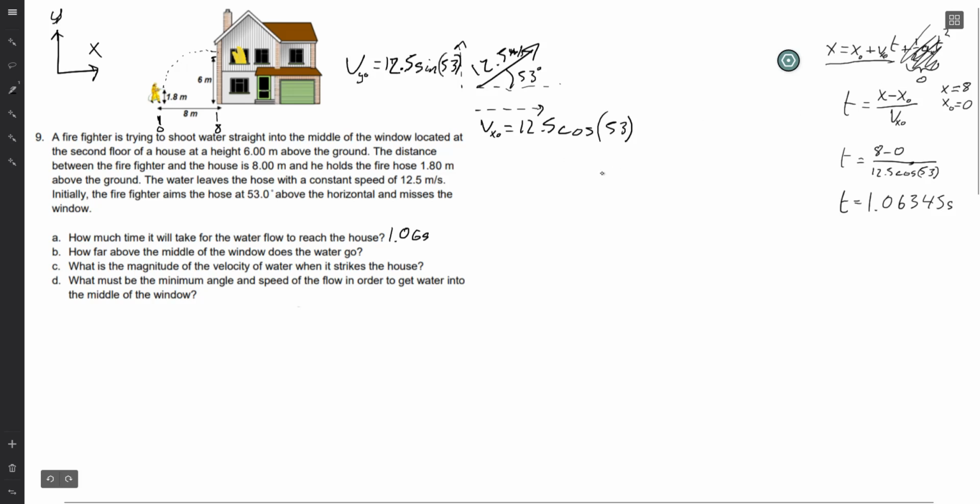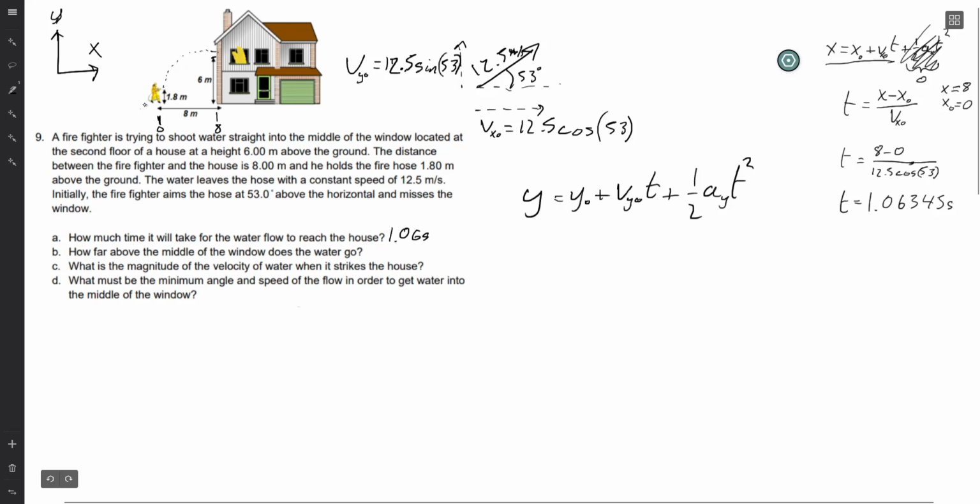It's actually, well, it's gravity. So write it out over here. Y equals y0 plus Vy0 times time plus a half times acceleration in the y direction times time squared. Now let's decide on our coordinates here.